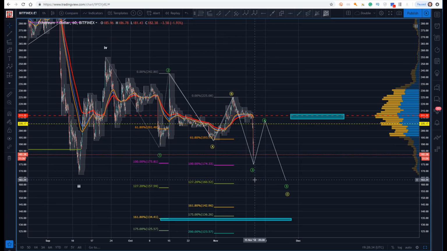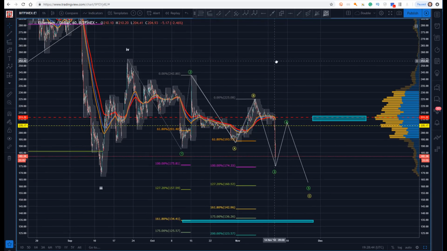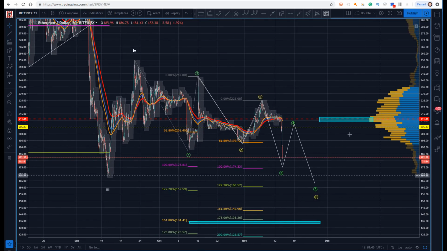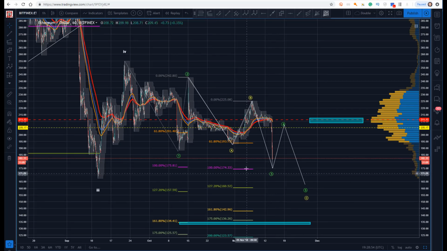If you're a long-term Ethereum bull, buying under $200, all right, if Ethereum's going to survive and be a dominant platform here, it's hard to imagine, well, anything's possible. But if you're long-term bullish on it, buying Ethereum under $200 is pretty tempting, right? But we look at these targets down here.